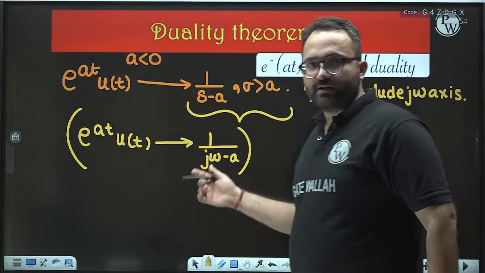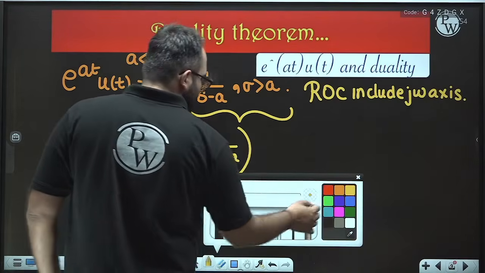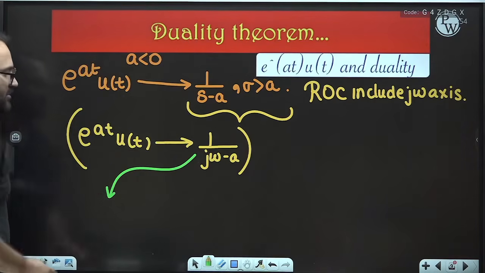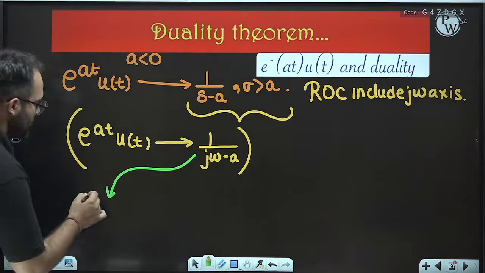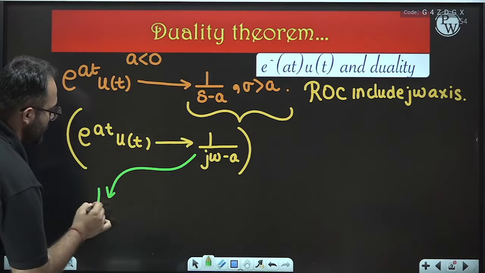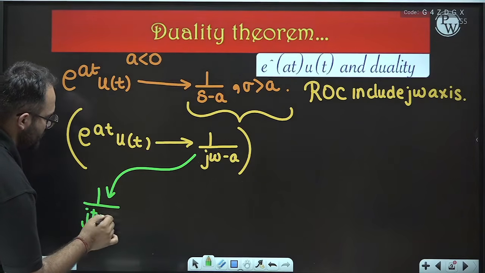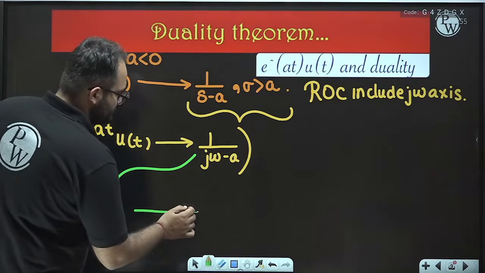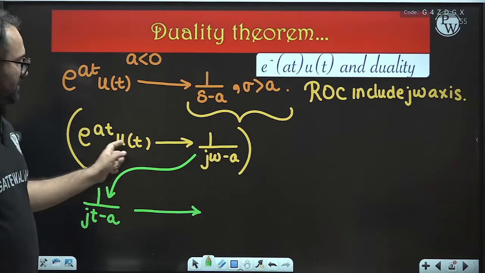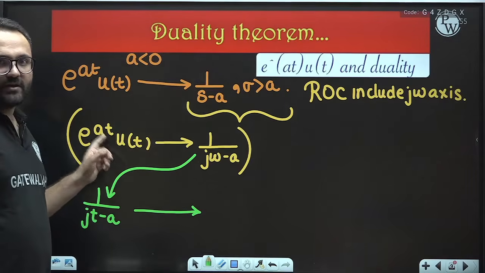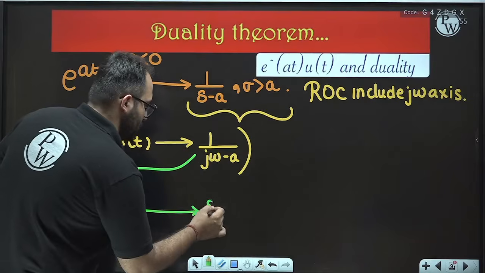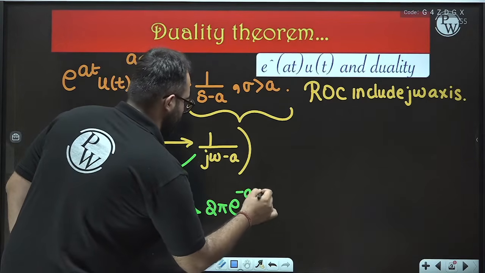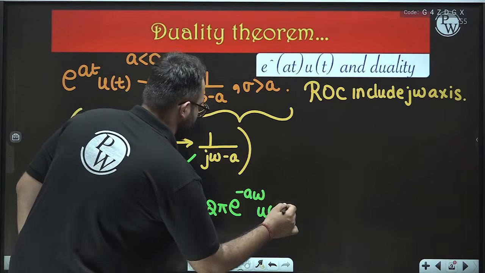Now apply duality here. The duality says that we replace j omega by t, and here we replace t by minus omega and multiply it by 2 pi. E to the power minus a omega u of minus omega.